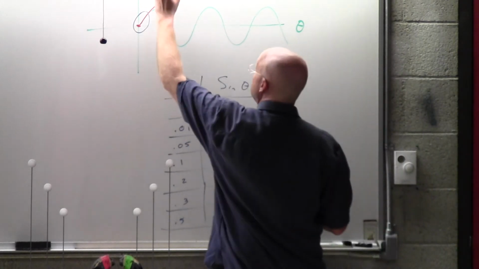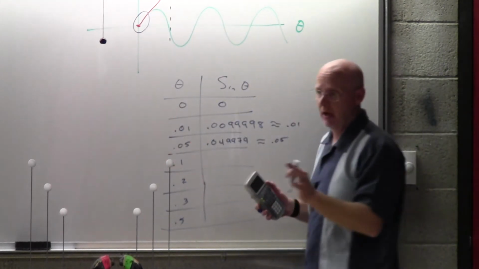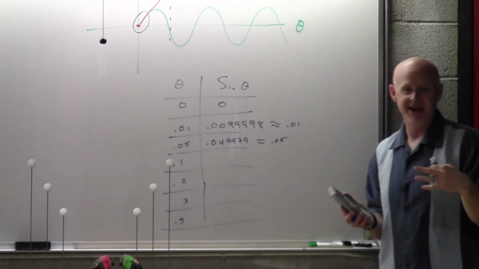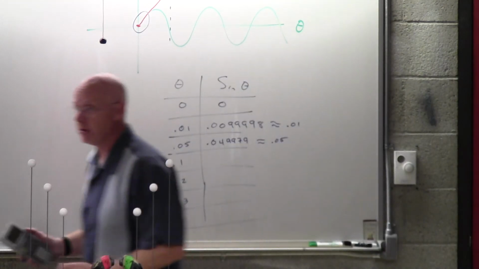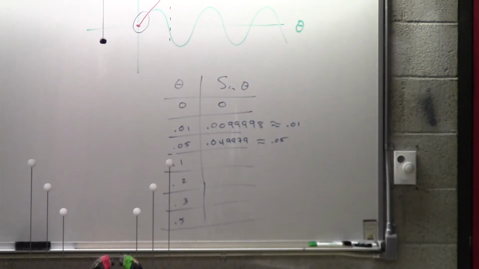And if I were to go all the way to here, it would be way off. So I'm not trying to say sine theta and theta are exactly the same thing everywhere, but they are for small angles. So if we're talking about something in here, maybe I don't need the harder equation, sine theta. Maybe I can just approximate it with theta. Let's see what happens here.